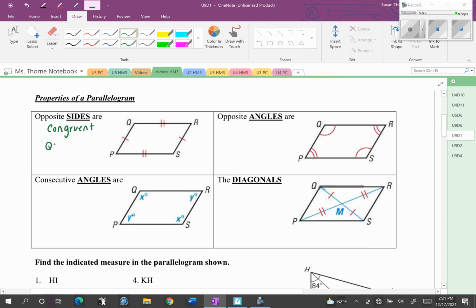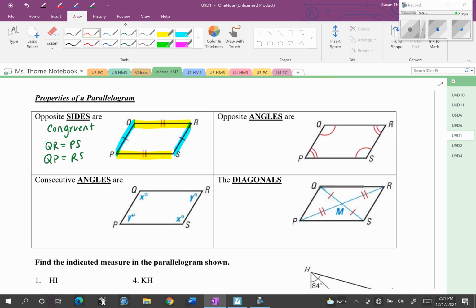So QR equals PS and QP equals RS. And you can see that's denoted with these lines. So you can see then that means that this side and this side are equal, and so are these.